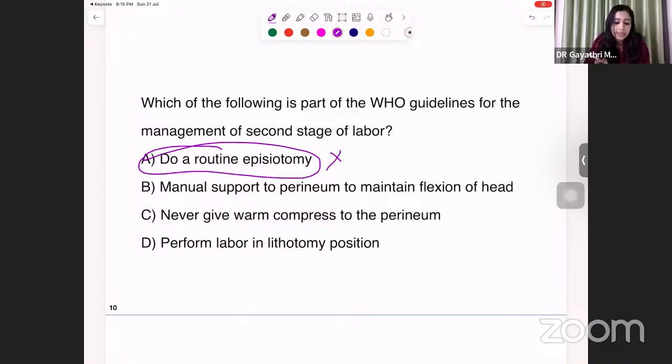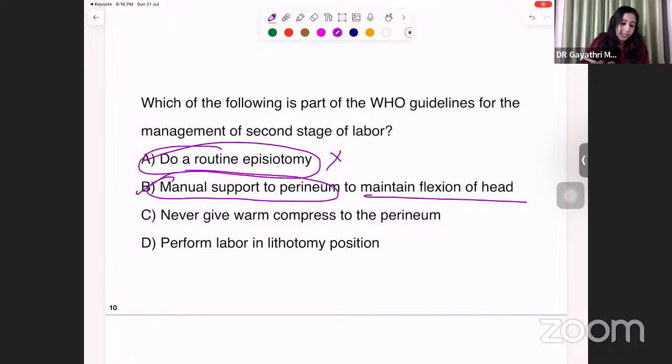So again, the first statement is wrong. So what should I do to actually decrease the chances of perineal tear? We should give a good support to the perineum. We apply a hand just below the head so as to give a perineal support. We flex the head of the baby so as to get a controlled extension of it. So you have to give manual support to the perineum and maintain flexion of the head.